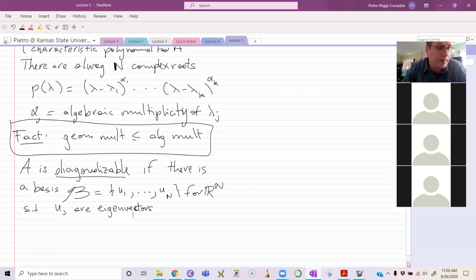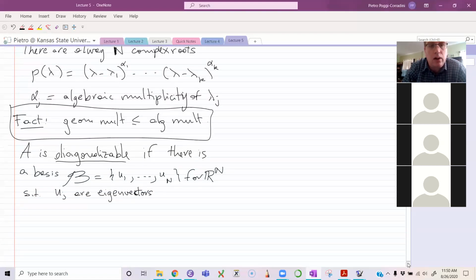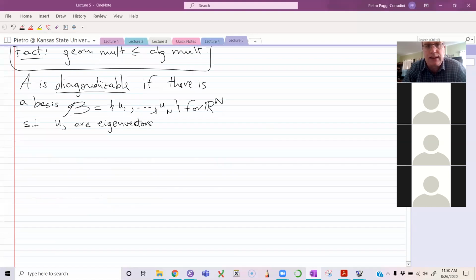And what do we mean by a basis in this case? Since we have n vectors, the only thing needed to check that this is a basis is to check that they are linearly independent, right? And then once they're linearly independent, if you have a vector x, you're going to be able to write it out as a linear combination of the uj's with some coefficients aj.